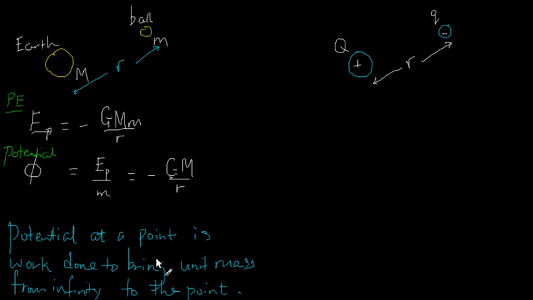So the point here means a point in space, like down here. I call this the point. Okay, so that's how gravitational potential is defined. It's defined for a unit mass.